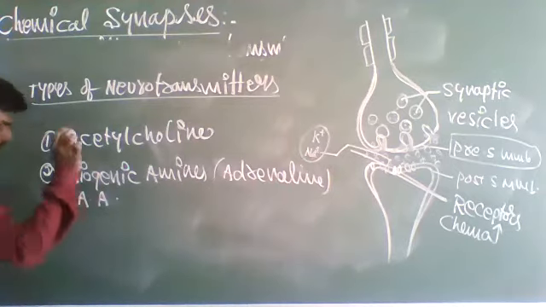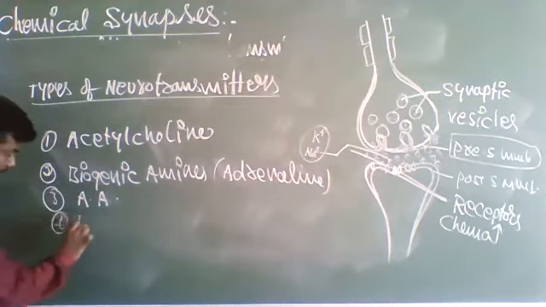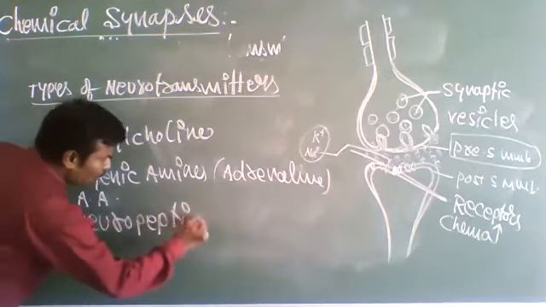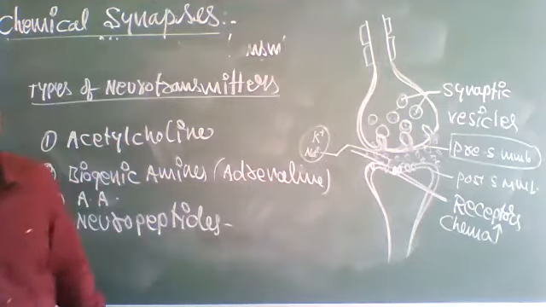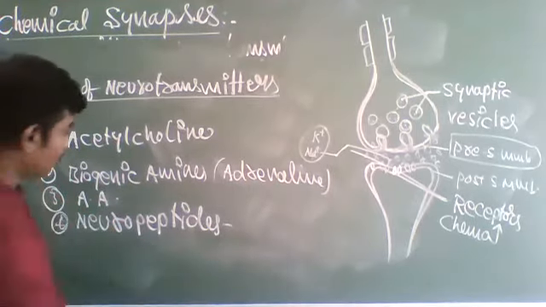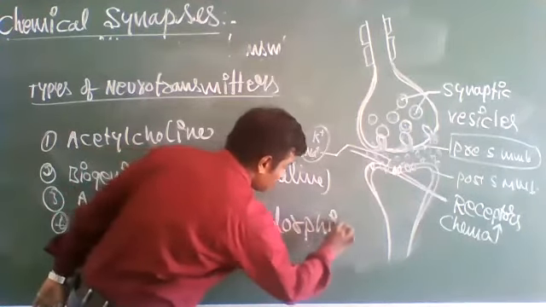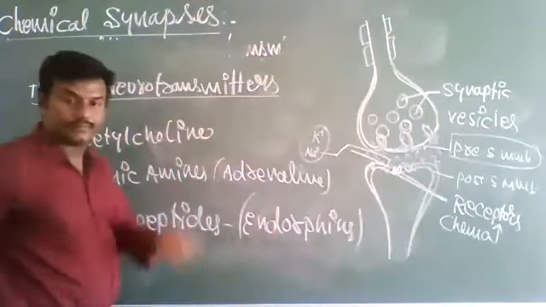Then amino acids. Then neuropeptides, which are called endorphins.